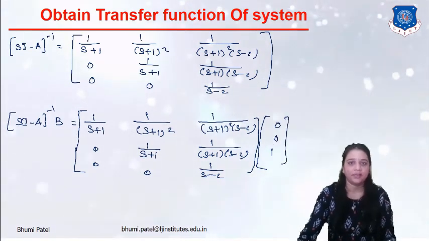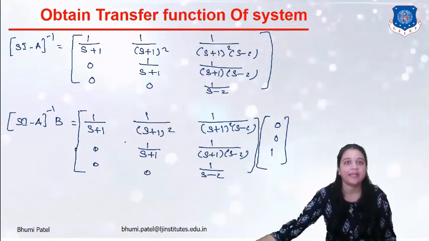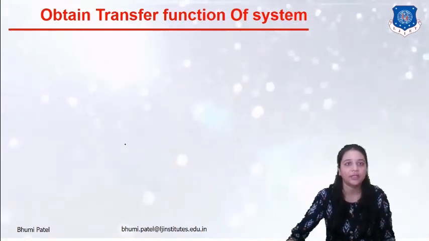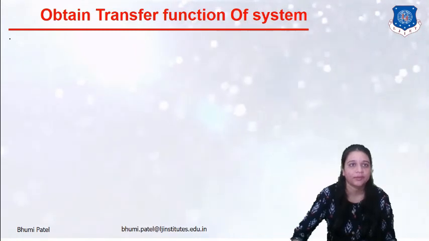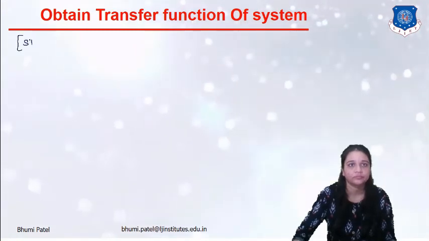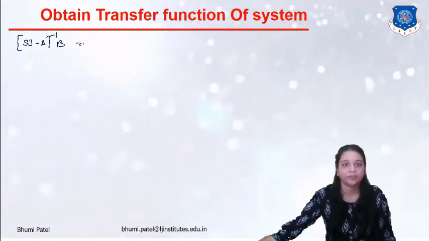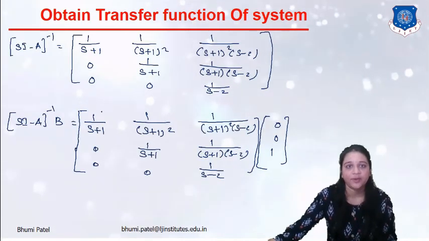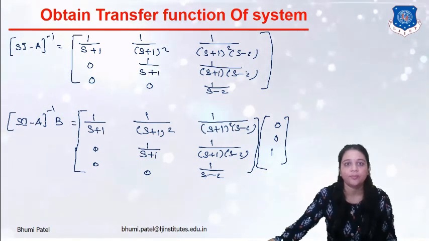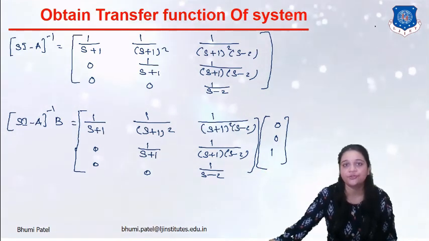Okay, so multiply the first row with this, we can get sI minus A inverse into B is equal to, here you can see that 1 upon S plus 1 into 0, 0, 1 plus S plus 1 whole square into 0, 0.